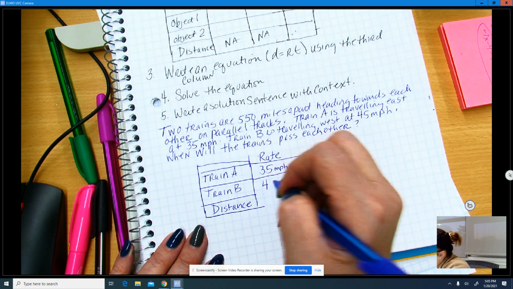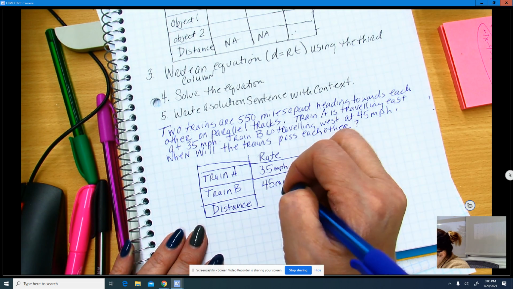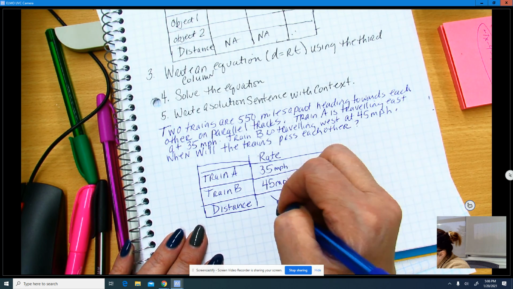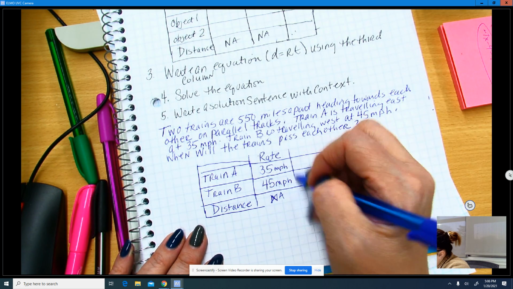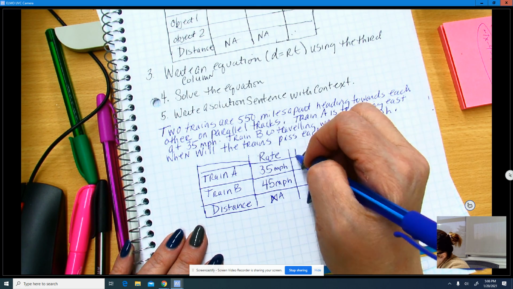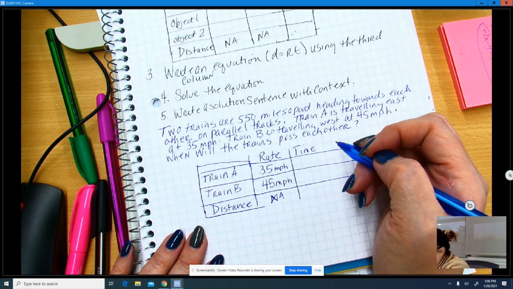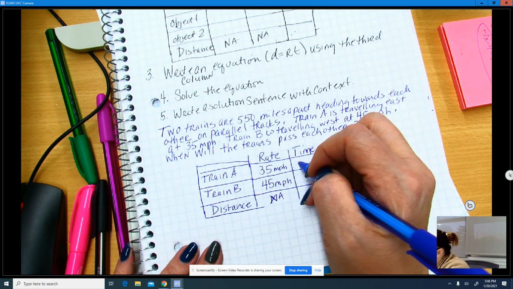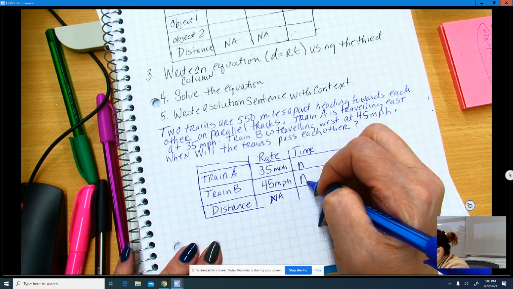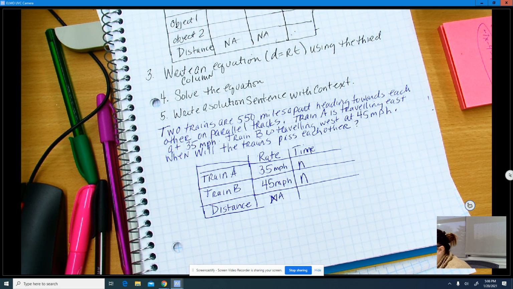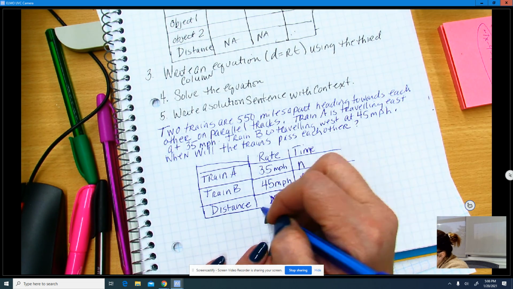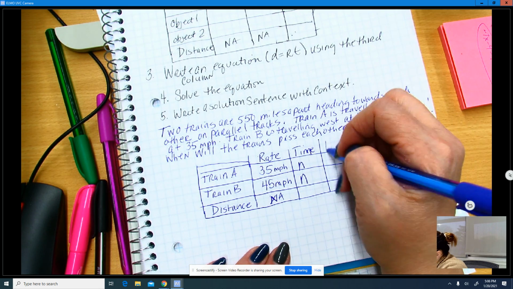We know train B is at 45 miles per hour. We don't know the time spent. We don't know how much time A is taking or how much time B is taking, but we do know it will be the same amount of time. So A and B are only traveling for the same amount of time. They're just not traveling the same distance because they're not traveling at the same speed.